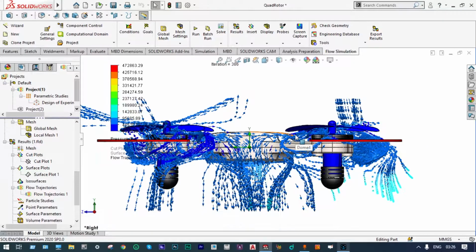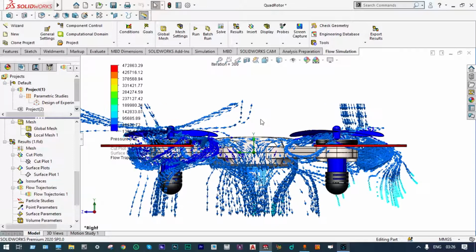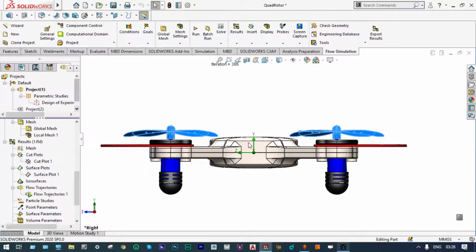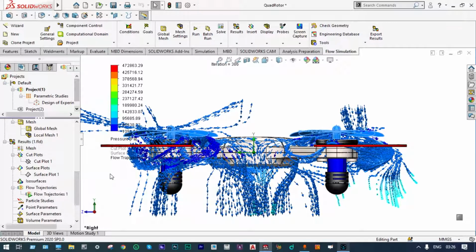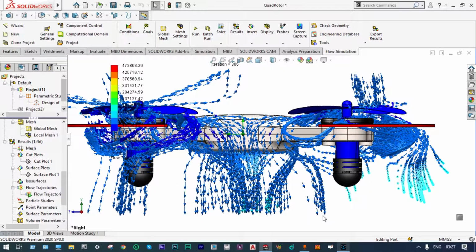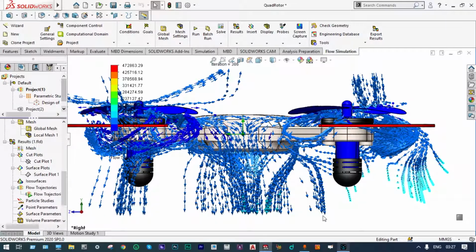From right pane we can view these things. Let us animate these things. You can see the dynamics of these flow particles.